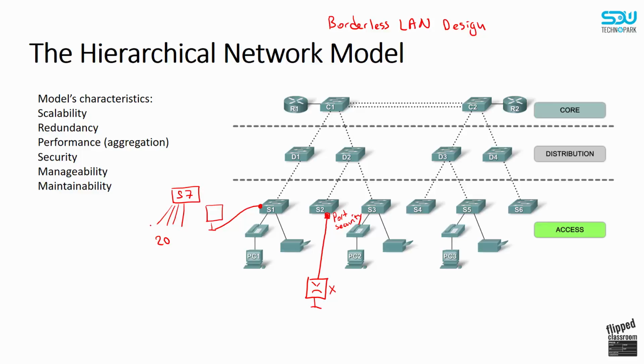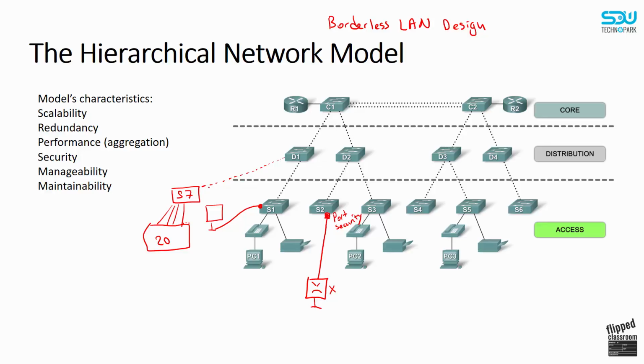So let's say here we have 20 computers. And afterward, it'll be just connected to one of the distribution layer switch. Whereas the functionality of distribution layer switch is distribute communication between access layer switches.